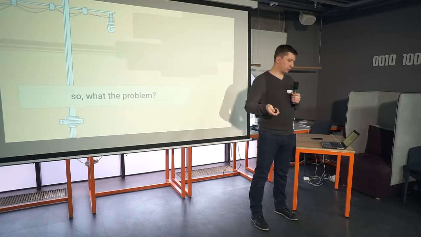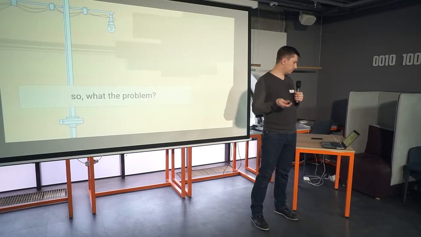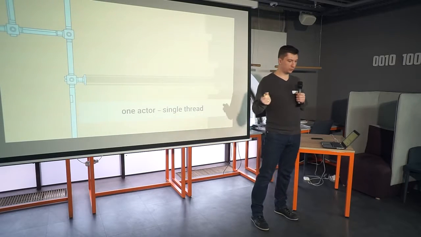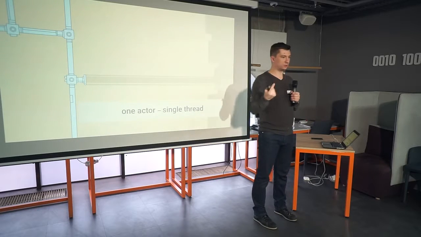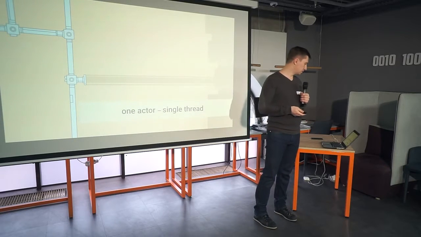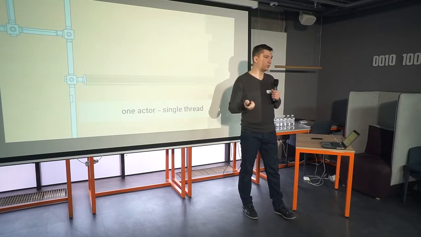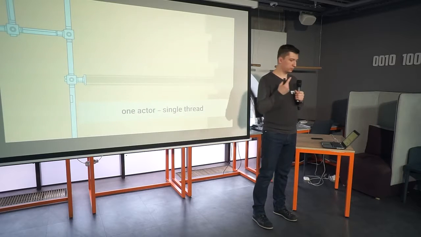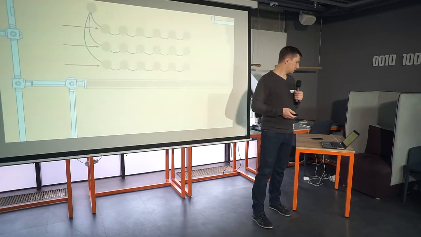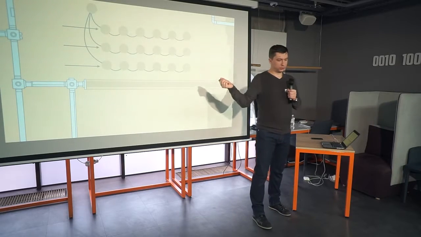Anyway, what's the problem? When we have some processes, one actor is able to be run with one thread. Is there no way to run it asynchronously or somehow in one actor? In Cowboy it looks like this.